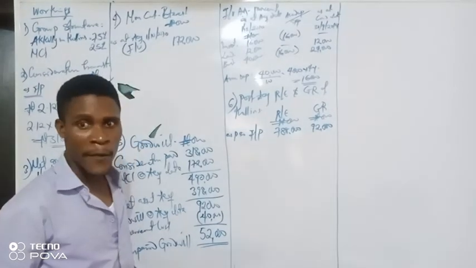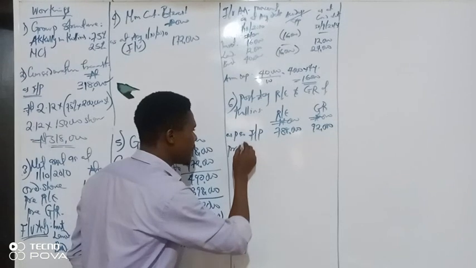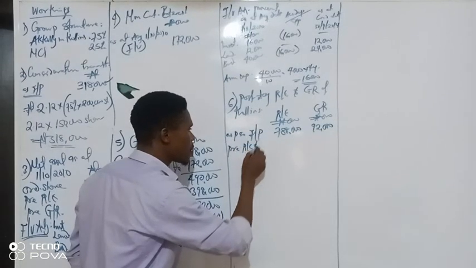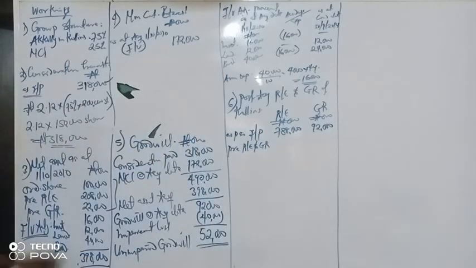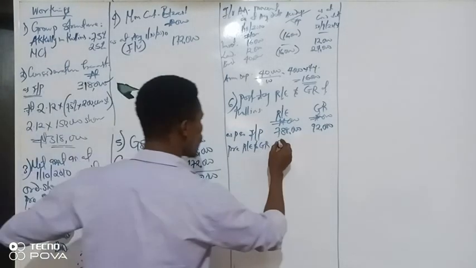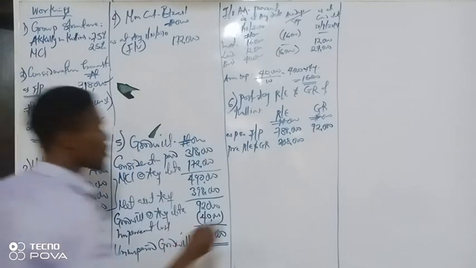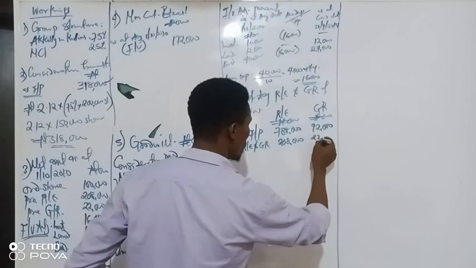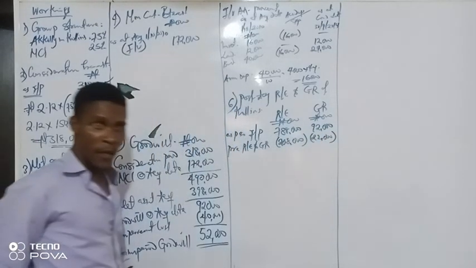Now take a step further. We have to less our pre-acquisition retained earnings and general reserve. For this one is 208,000, and this one is 22,000.